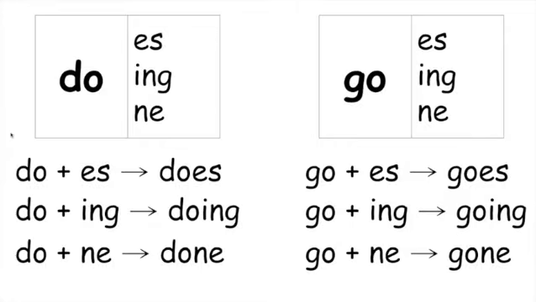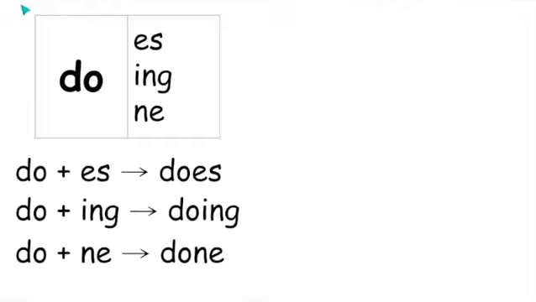We didn't look at any prefixes today, so there are no prefixes in our word matrix, either for do or go, but we could add them as we start learning more about these families. So if we're looking just at the word family for do, we can build out do by itself as a free base, does, doing, and done.